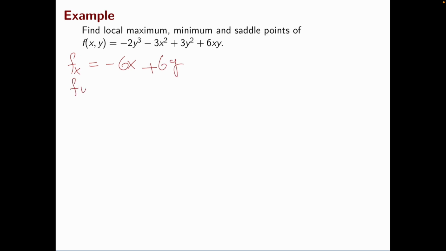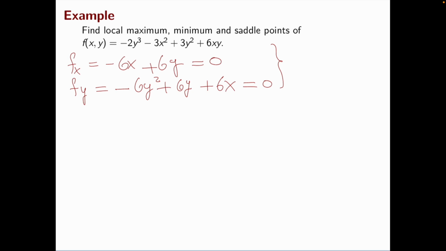And the partial derivative with respect to y is going to be equal to minus 6y squared plus 6y plus 6x. So these are the two partial derivatives. Now, by definition of critical points, we need to find when these are equal to 0, right? We have a system here of two equations that we need to solve.